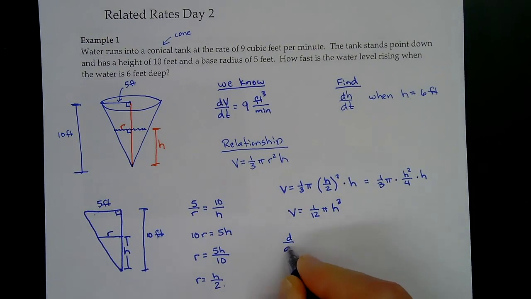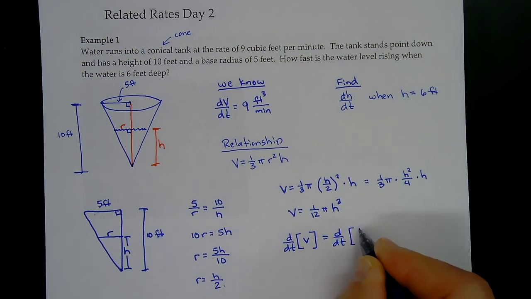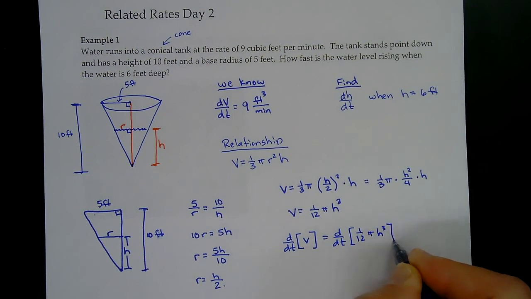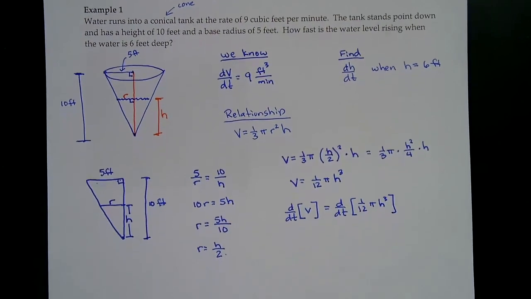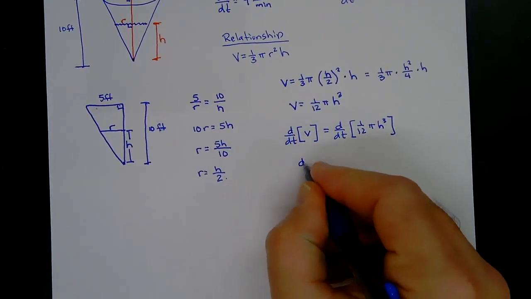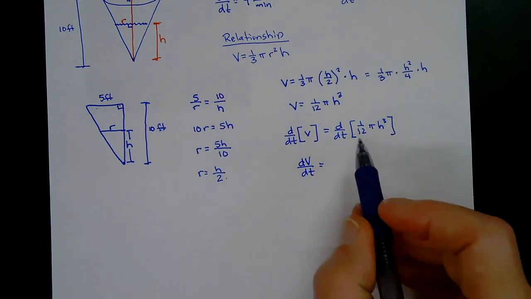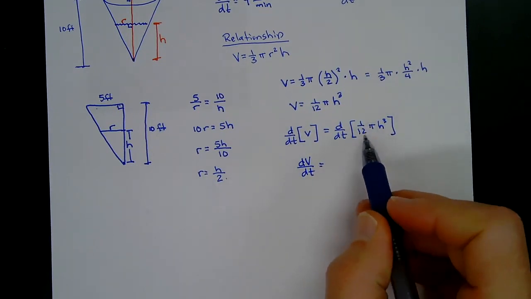So d/dt of V is equal to the derivative with respect to t of 1/12 pi h cubed. Okay, I'm going to slide this up a little bit. So that makes this side dV/dt equal to, okay, so 1/12 pi is just a constant.